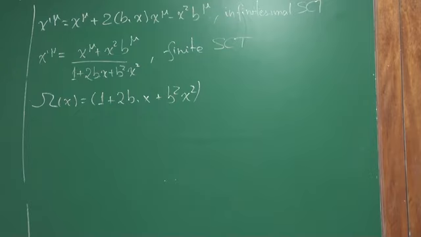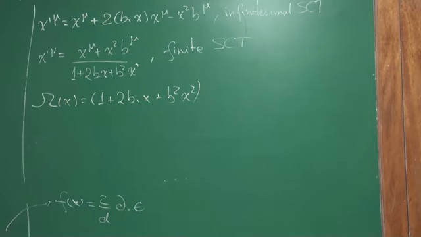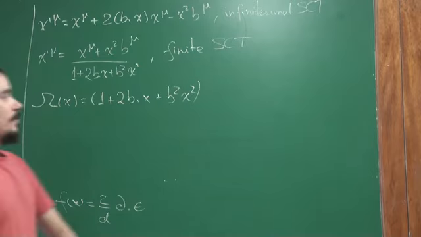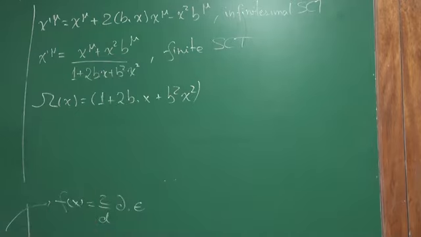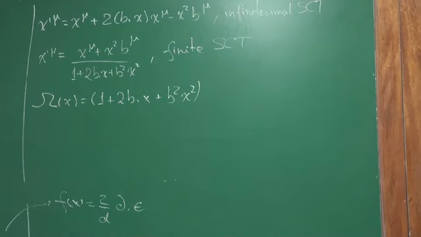It would be easier to just use this F. Remember that F is Q over D. This is the divergence, that's what I found for F. And since F is related to the scaling factor by this equation, you can choose any of these infinitesimal conformal transformations, plug in the divergence, and solve this equation for the scaling factor.